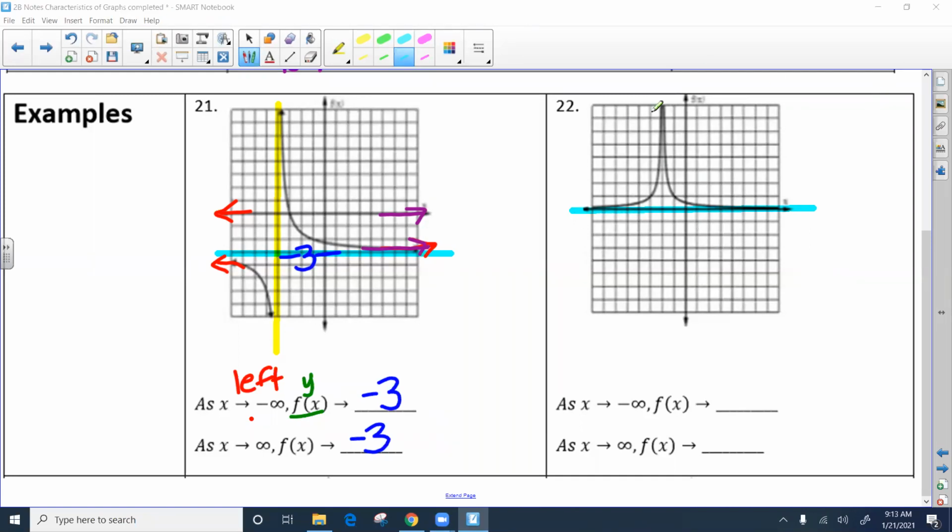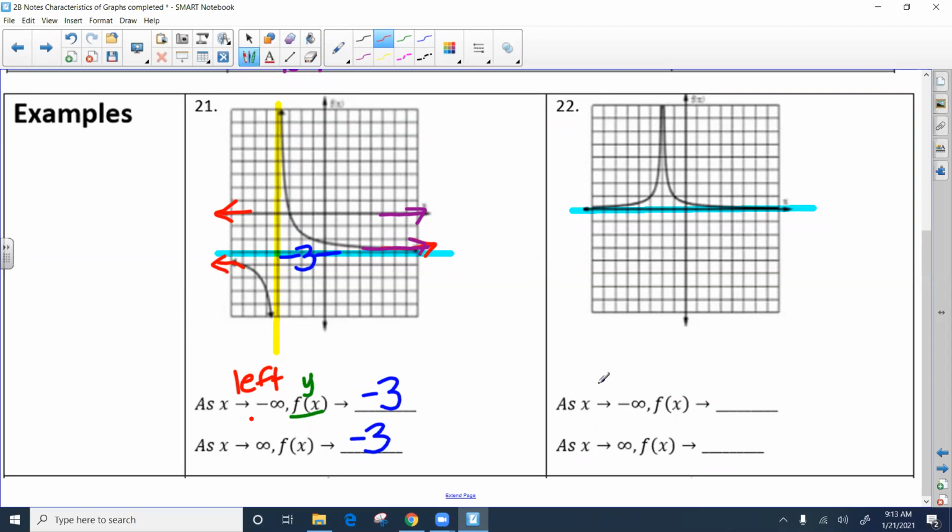Okay, so drawing that asymptote in will help us describe the end behavior. There, again, is a vertical asymptote, but that doesn't matter for the end behavior, because remember, end behavior, we're just looking at the two ends of the graph. So let's fill this in.